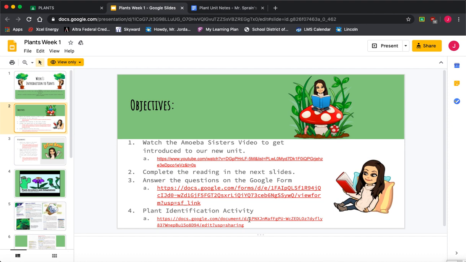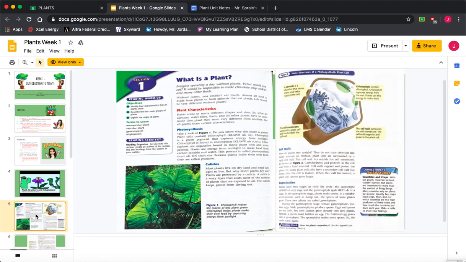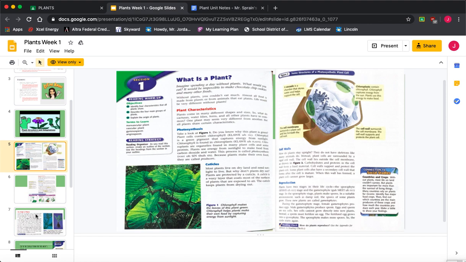Our second step is going to be to complete the readings in the next slides. So if we go down to slide number 5, and actually slides 5 through 7, there are a few pages from your science textbooks that Ms. Virata and Mr. Sprain have asked you to read. I believe they sent textbooks home with everybody.